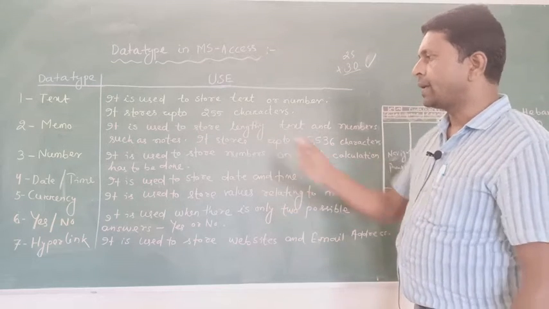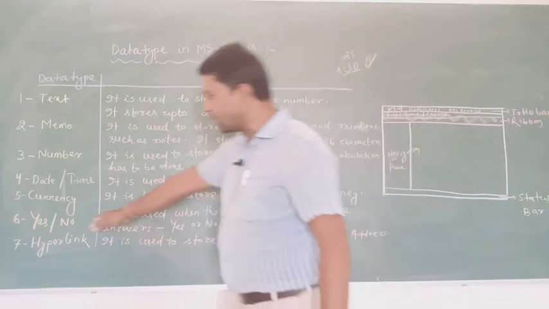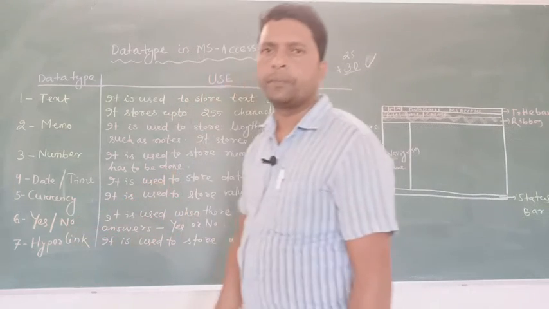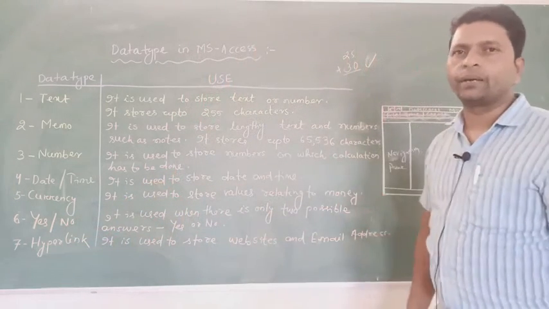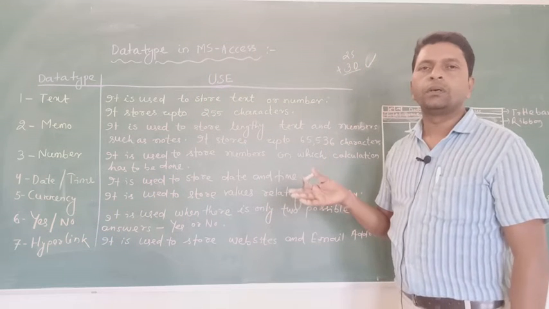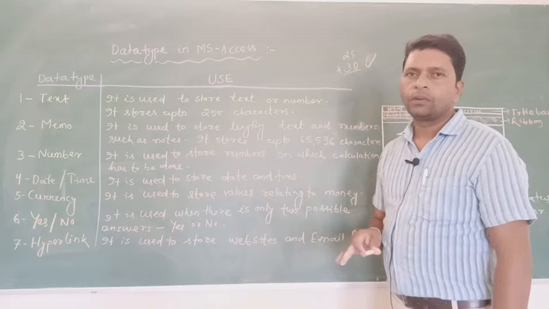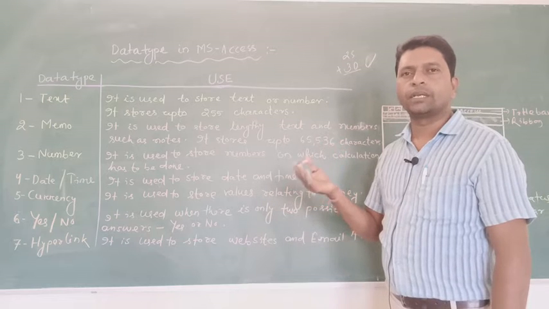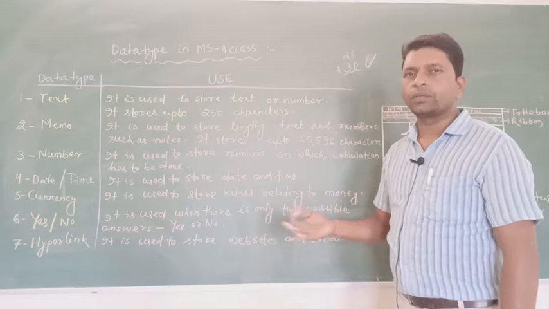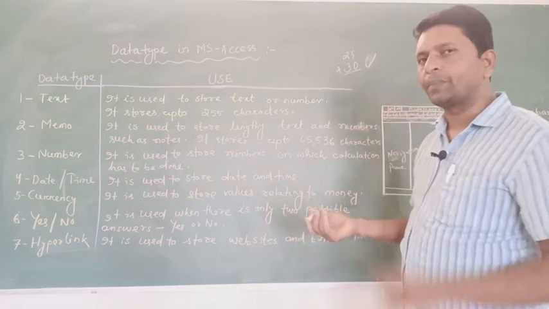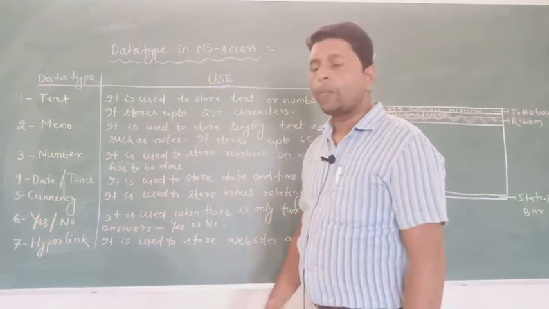Another one is yes and no. This data type is used when there are only two possibilities, yes and no. Some have the result yes and some have the result no, so for those possibilities we choose the yes and no data type.